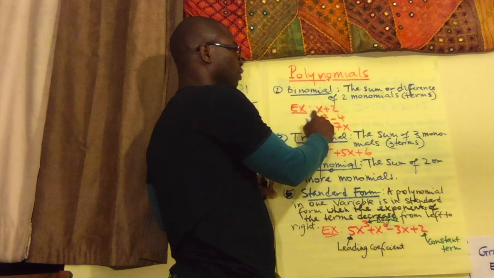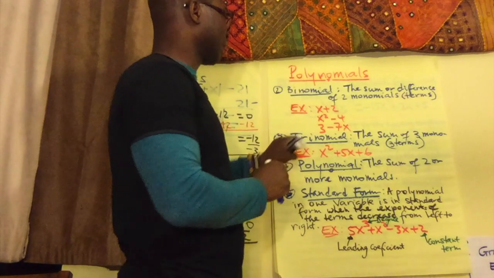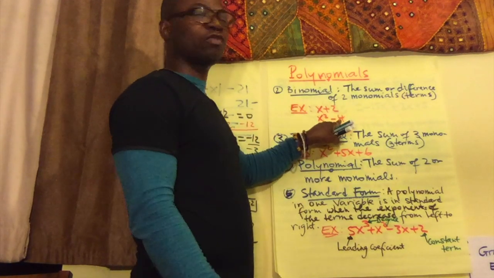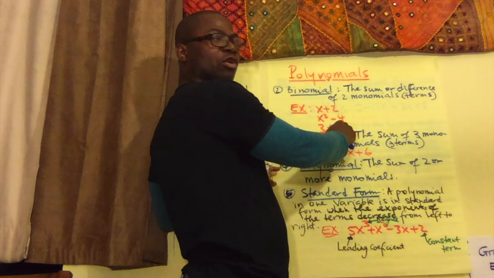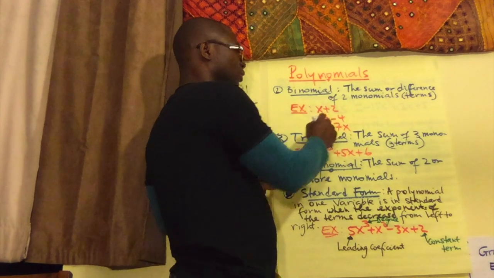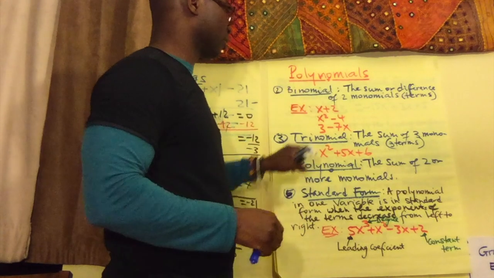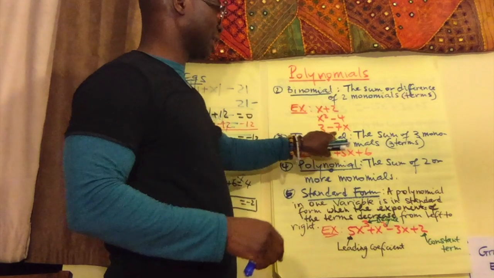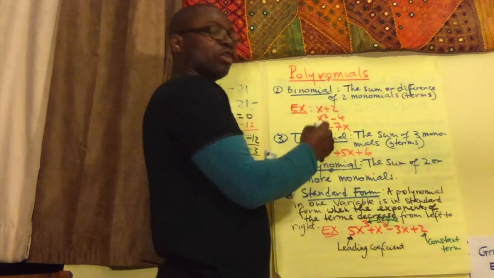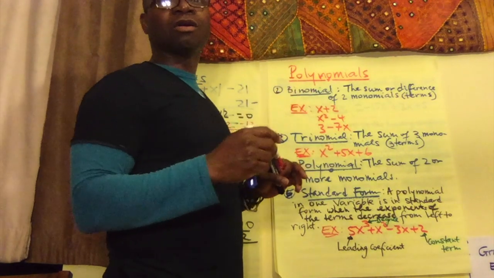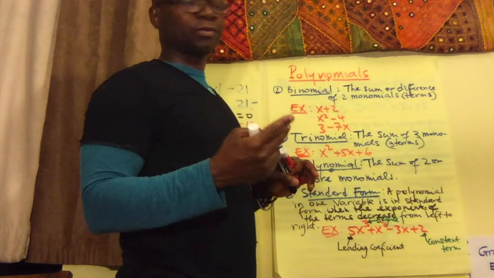So the sum of two monomials. Another example is x squared minus 4. x squared is a monomial, 4 is a monomial. So the difference of the two. Here's another one, 3 minus 7x. So the sum or the difference of two monomials or two terms.